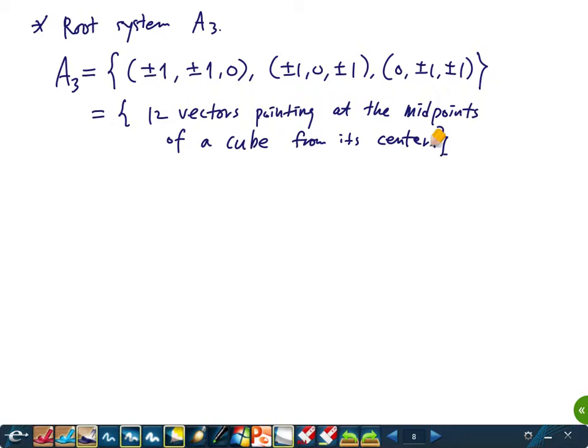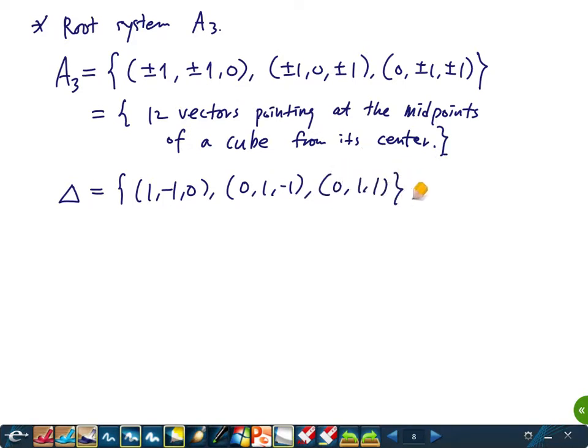So it's a type A3 root system. It can be easily visualized very nicely like this. And the delta here, we can pick in this way, 1 comma minus 1. There are, of course, several different ways, but this is one possibility.